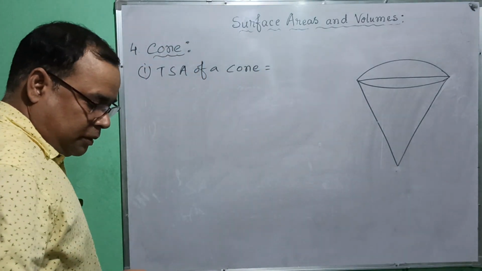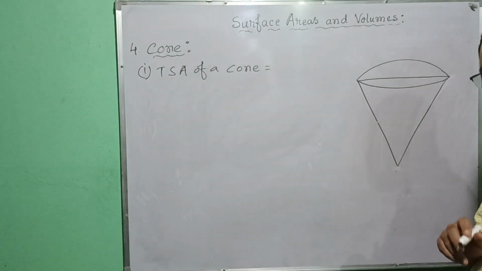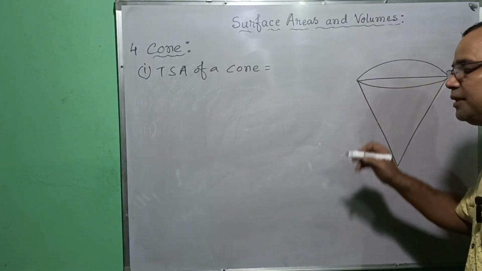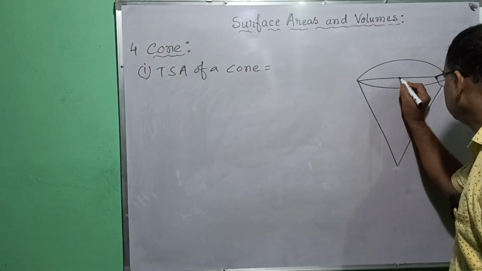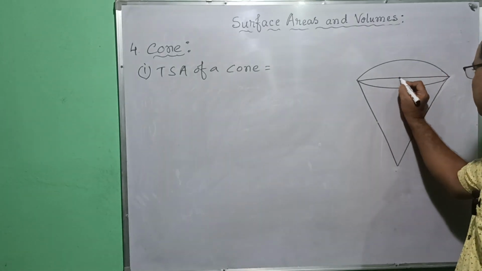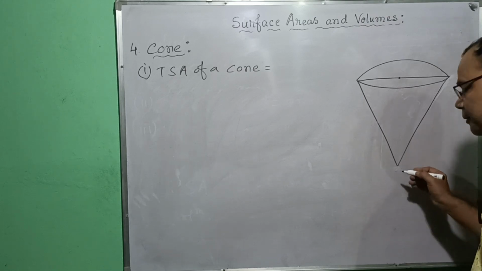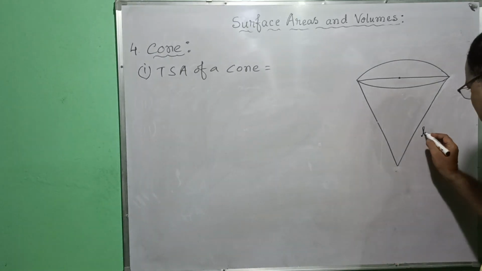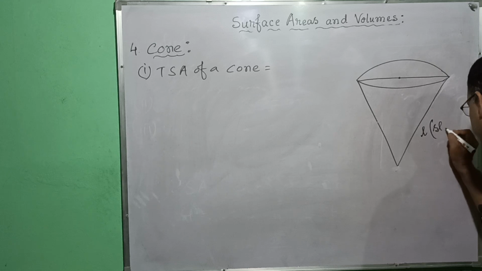Before writing the formula, let us know the terms related to a cone. Here also this line indicates the diameter of the base of a cone, this is the center of this circular plate, and the half of it is called the radius. And this one is important: it is called the slant height. You remember, I am writing here slant height.